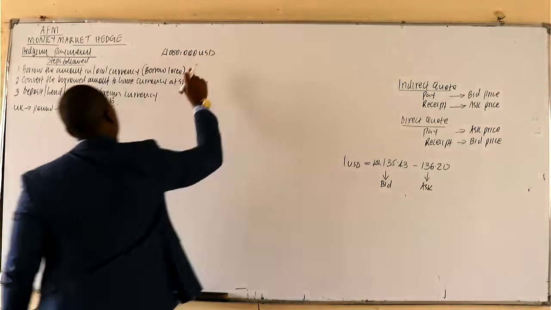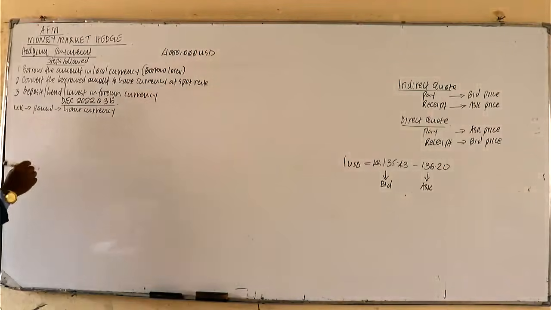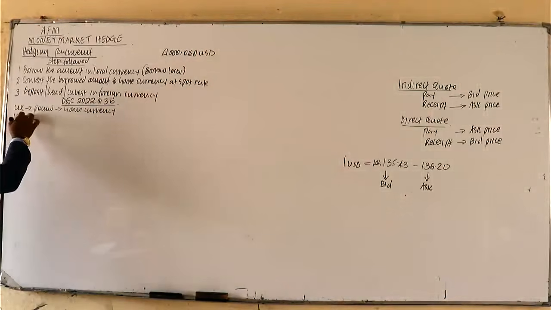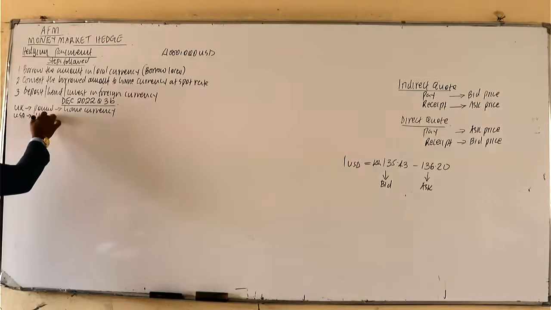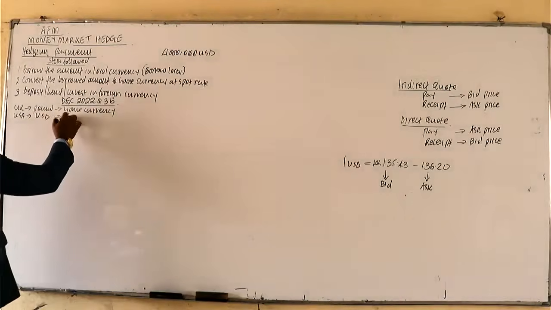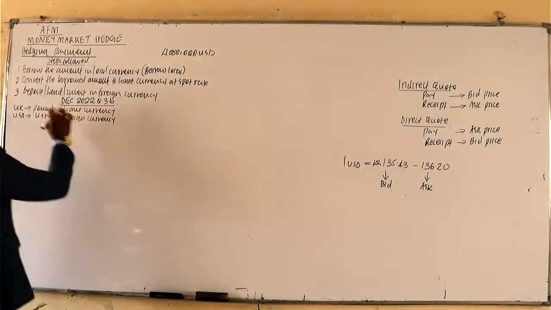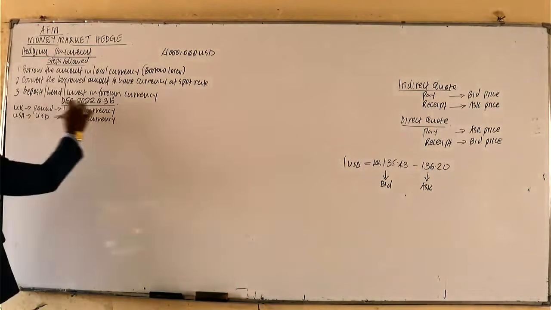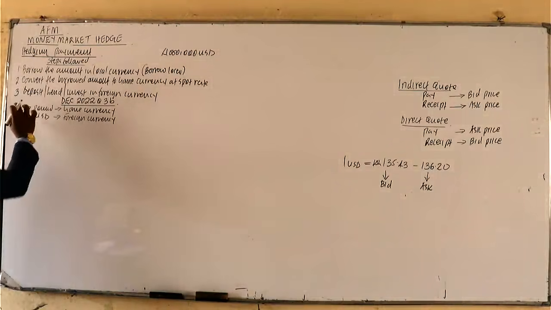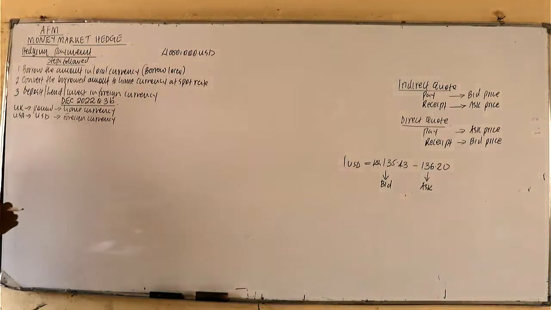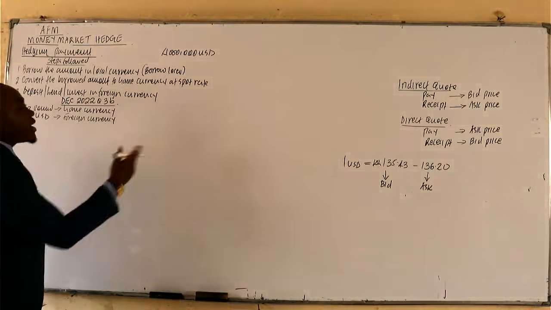So the USD is our foreign currency. Since these are UK-based firms, the pound will be the home currency. USA, they're using the United States dollar, or USD, which is the foreign currency.